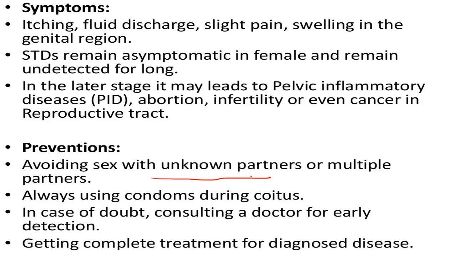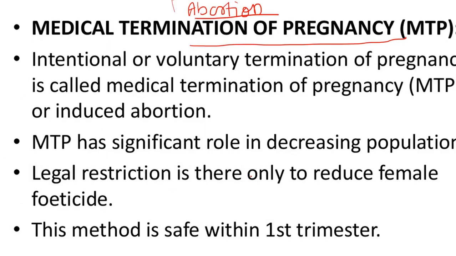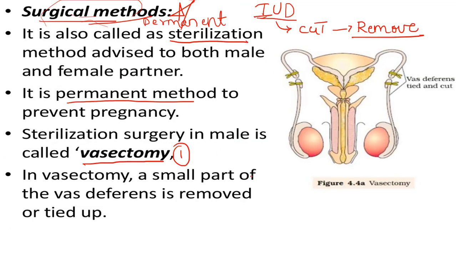Hence, you should avoid sexual intercourse with multiple partners or use barrier methods which can prevent the spread of sexually transmitted diseases. This is how we can prevent the transfer of sexually transmitted diseases.